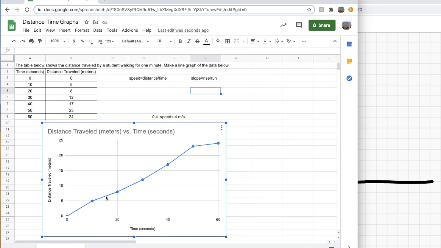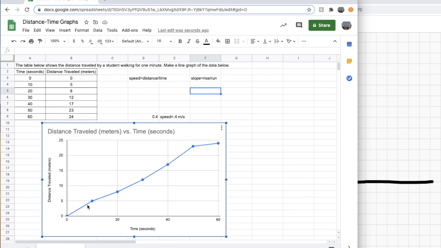Okay, so at any point on a graph, you can tell how fast you're moving because it'll have a steeper slope. This is something we touched on before, but I didn't actually make you do any graphs of it. So this is just a quick way to look at it. When we have numbers that are really similar like this, the easiest way to tell when someone is moving the fastest or slowest is to look at the slope of the line.